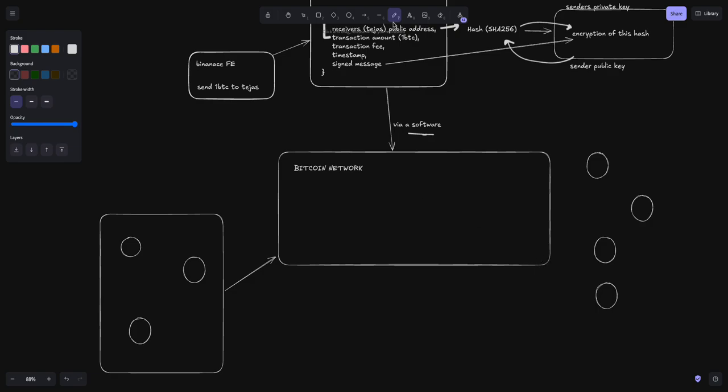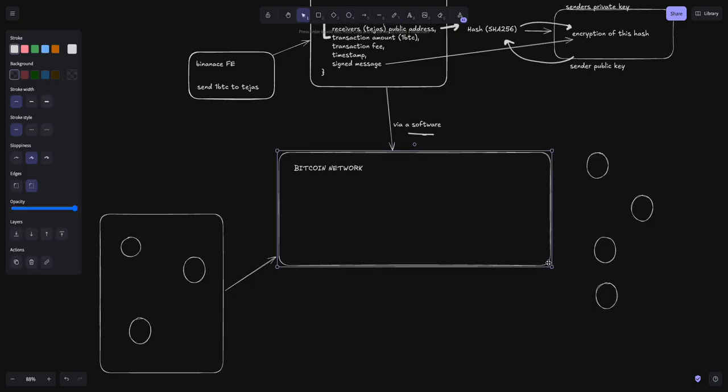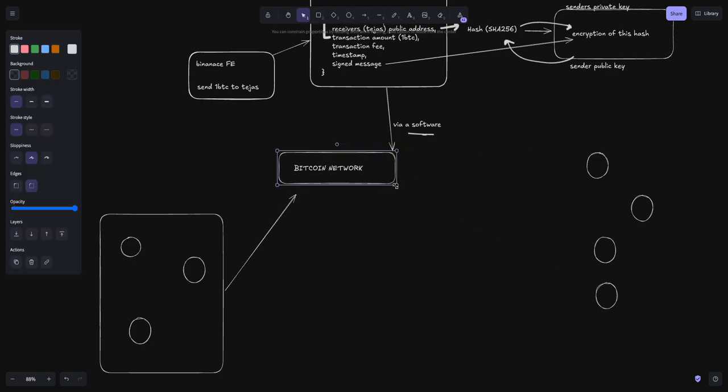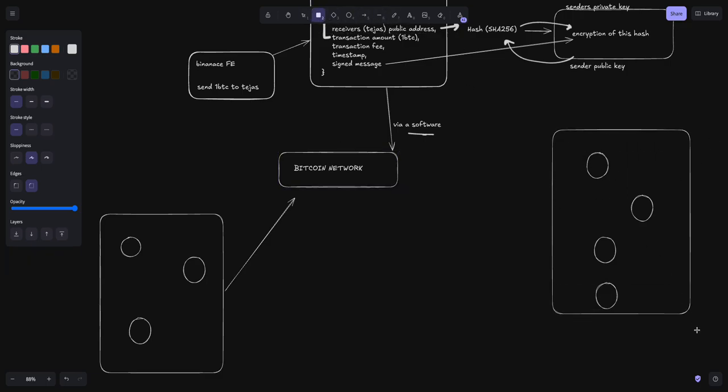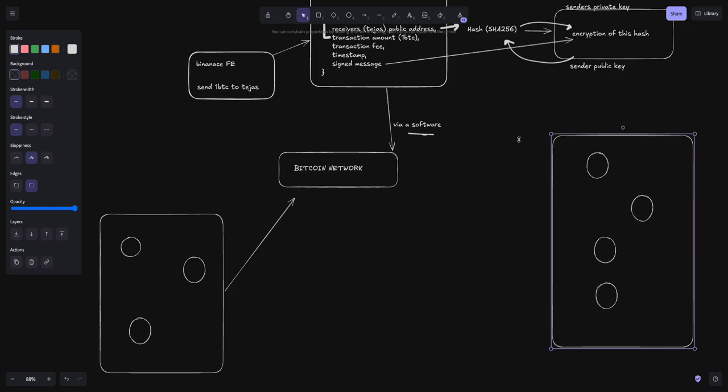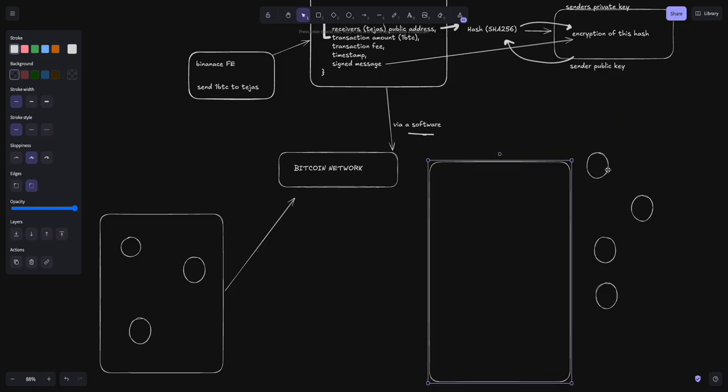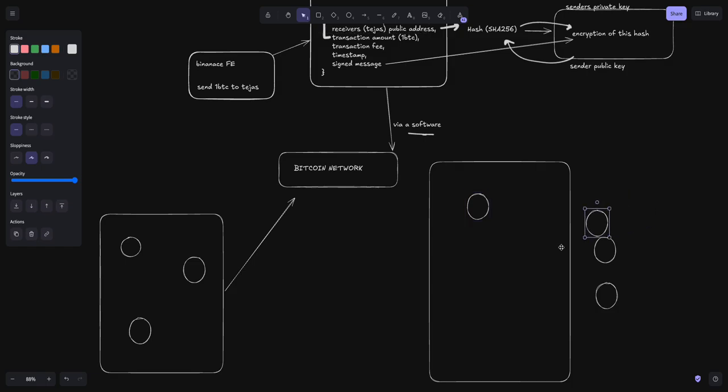Now let me reduce the size of this Bitcoin network, and let me create a box here for all of them. These are miners on the right side, the one I'm moving as of now.